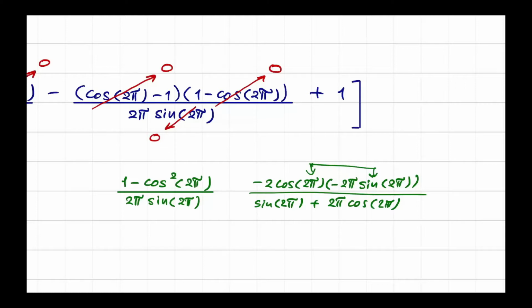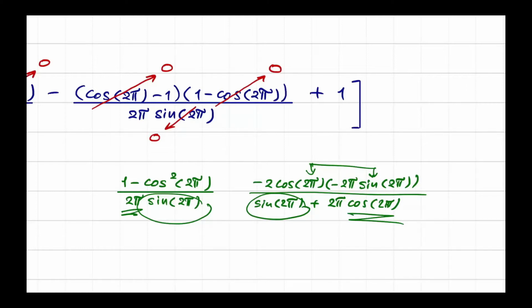Right? Supposed to be this one, right? Differentiate this first term, you get this, and then you have the first term multiplied by the differentiation of the second term, you get this.